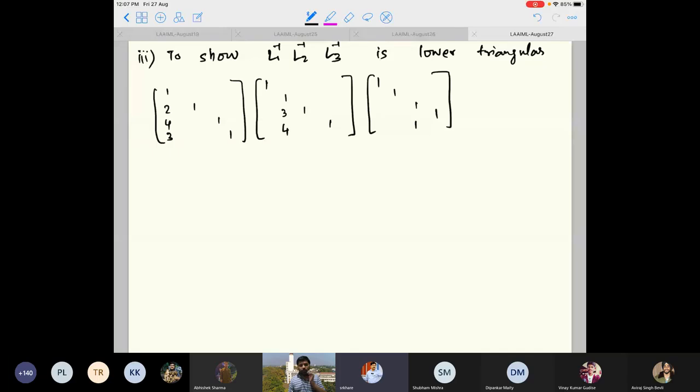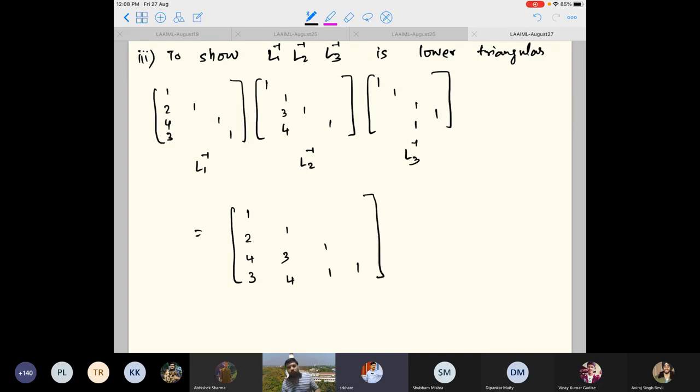So this is what you have, right? And if I take the product of these matrices, L1 inverse, L2 inverse, L3 inverse, the product is 1, 1, 1, 1, 2, 4, 3, 3, 4, and 1. This is almost unrealistic, no?